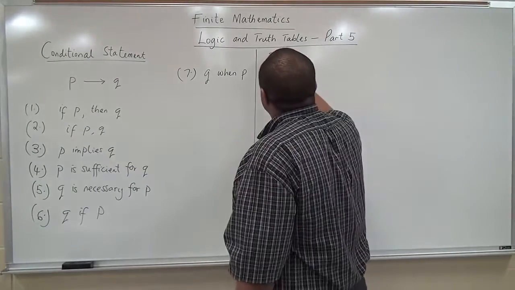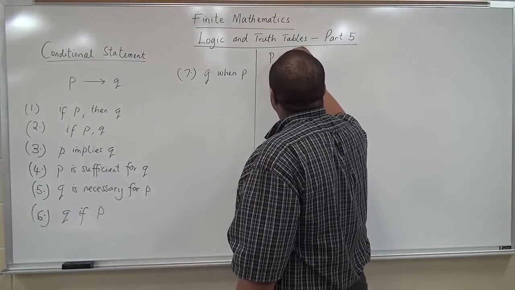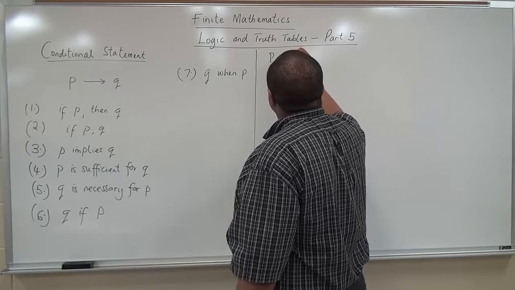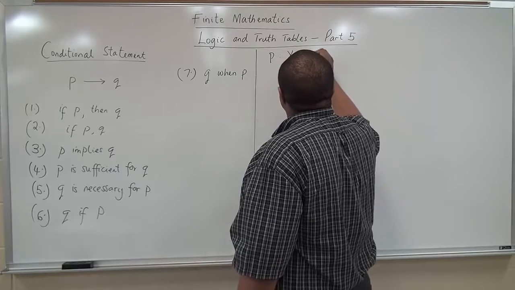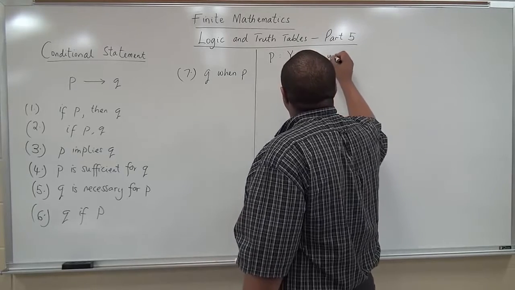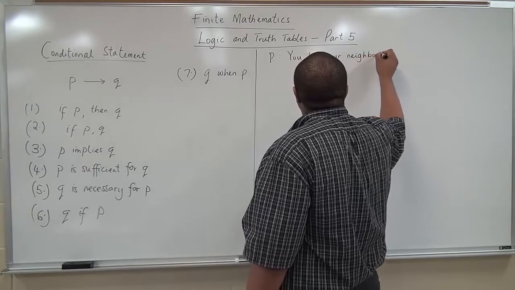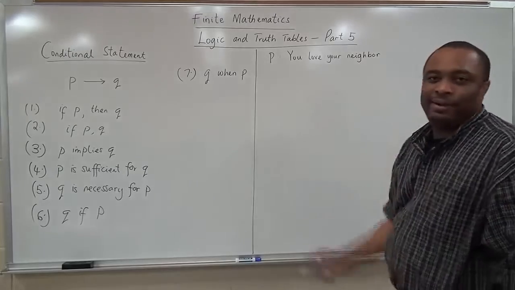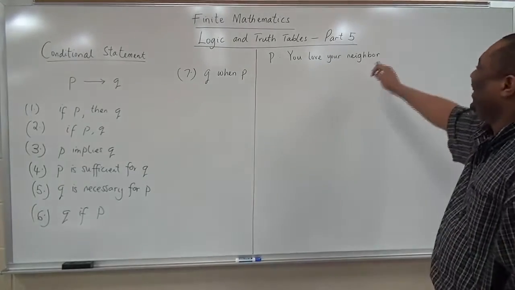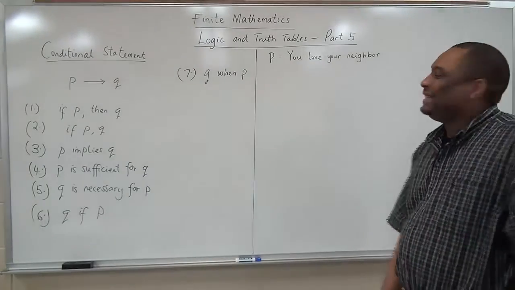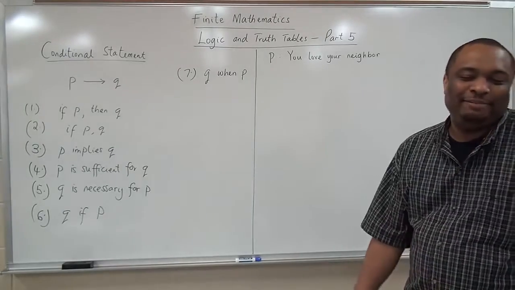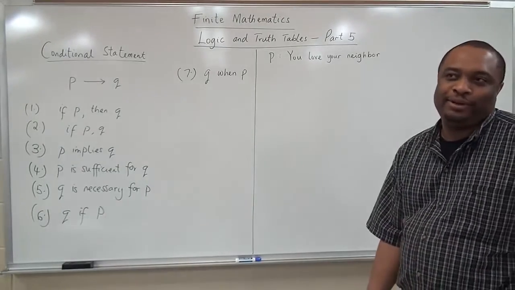Let's say you have P to be you love your neighbor. I think this is American English, whereby it is not spelled N-E-I-G-H-B-O-U-R.